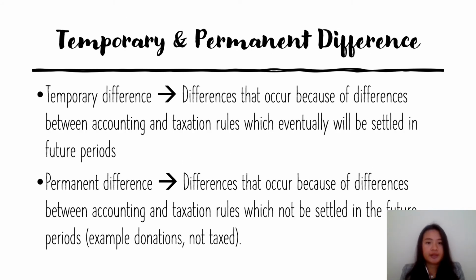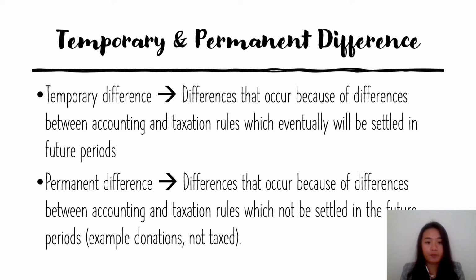And what are temporary and permanent differences? Basically there's a similarity between these two things, which is that they result from different treatment between accounting and taxation standards. But the difference is that temporary differences will eventually be settled in the future. Meanwhile, permanent difference, just like the name, won't be settled in the future no matter what, because of the different applications.